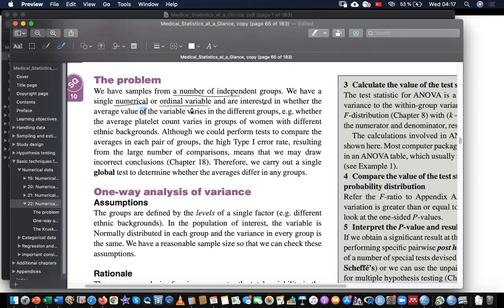Normally, as a rule, we have the one-way ANOVA for numerical variables, and you are interested in whether the mean value of the variable varies in more than 2 groups. Whether the average platelet count varies in groups of women with different ethnic backgrounds, for example.